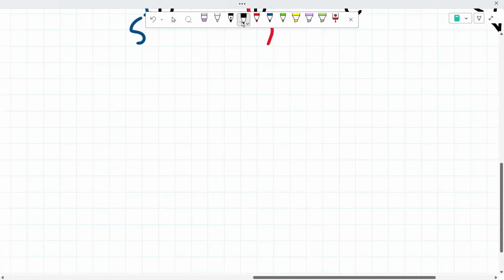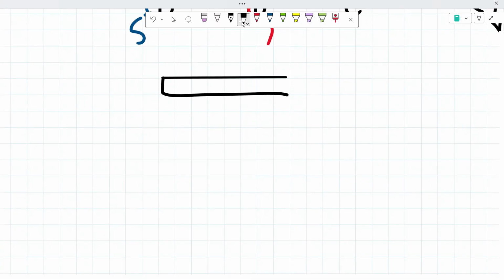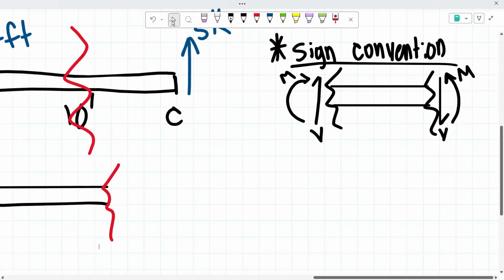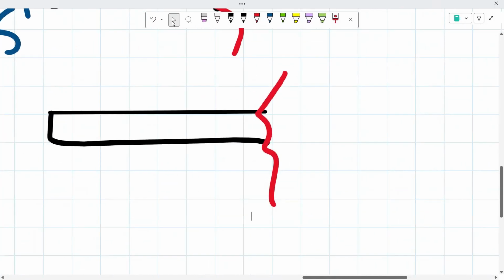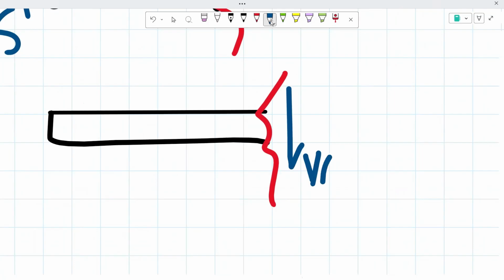Now we're going to draw out the left side of the beam. We have our cut right here, and like I showed you earlier, based on our sign convention, we have a shear going down and a moment going counterclockwise.